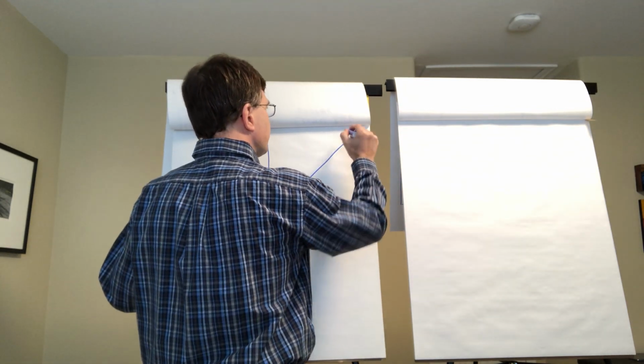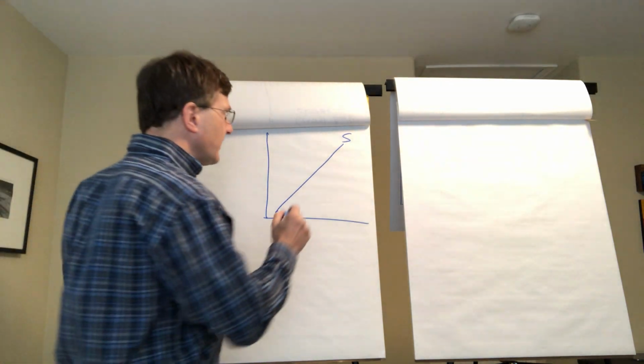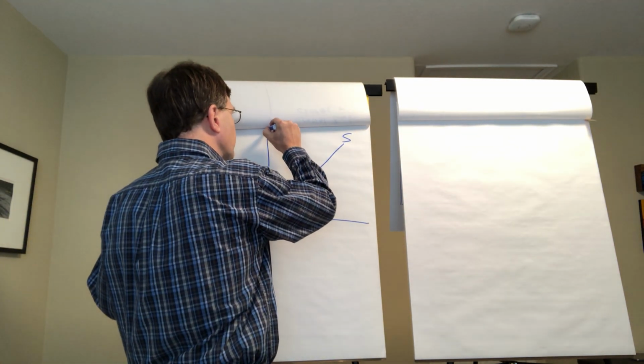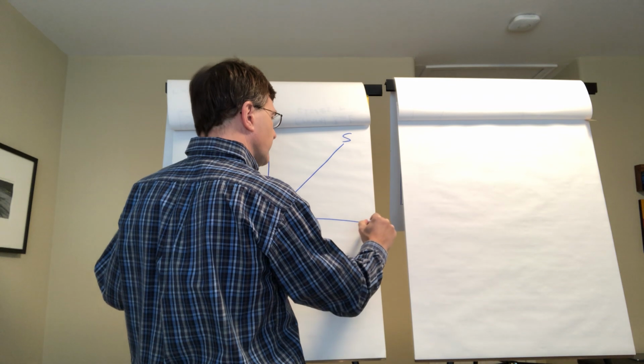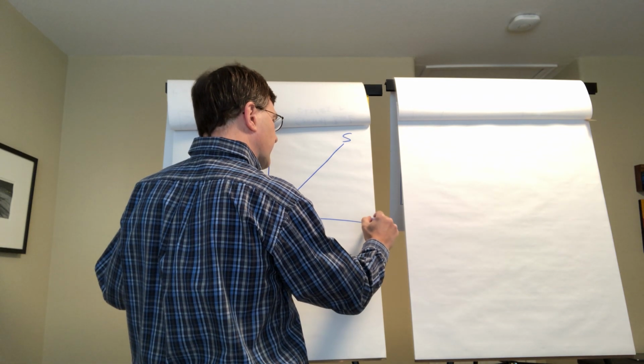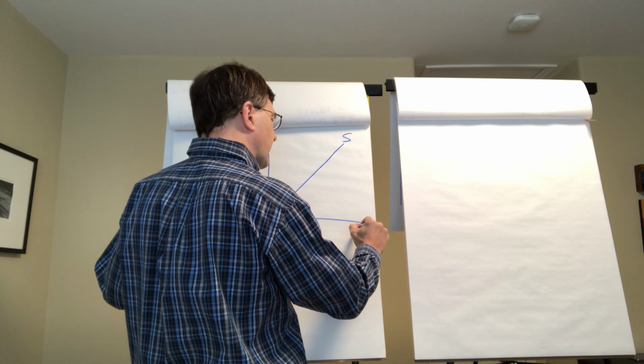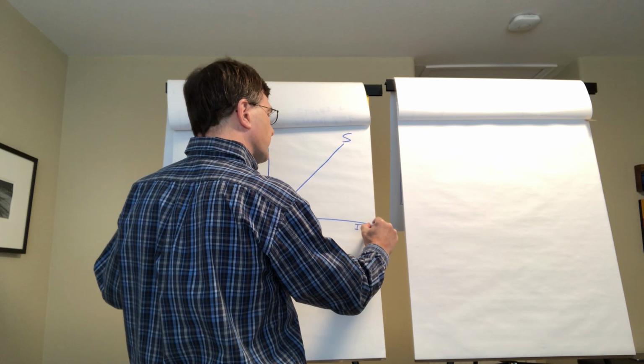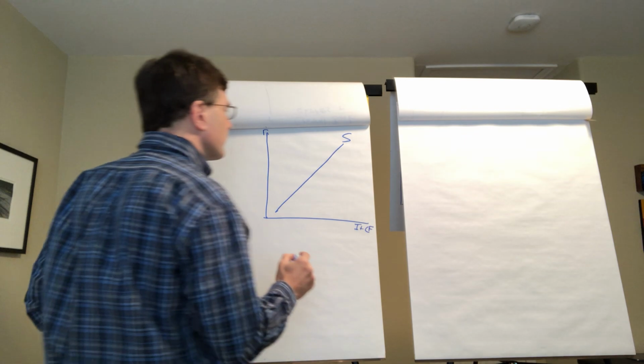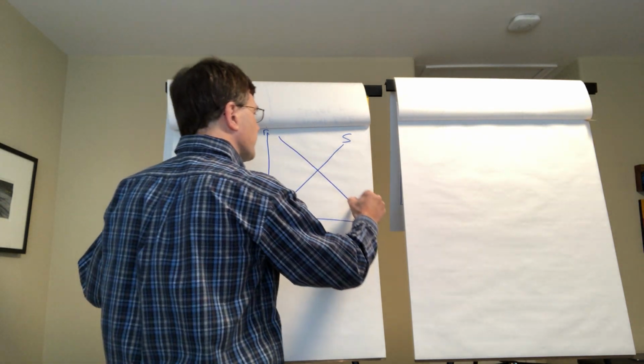There's my supply of loanable funds, which I can also think of as the saving curve, real interest rate on that axis. On this axis, I didn't leave myself a lot of room to label it, but on this axis, I have investment plus capital flow. And I've got the demand for loanable funds.